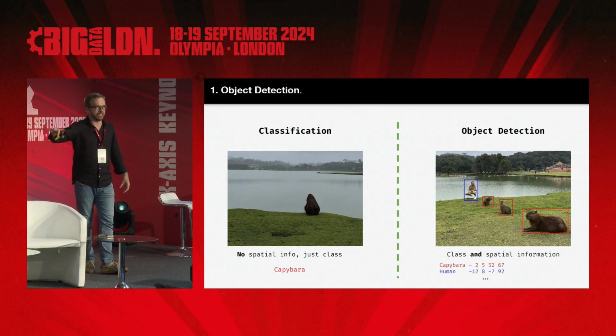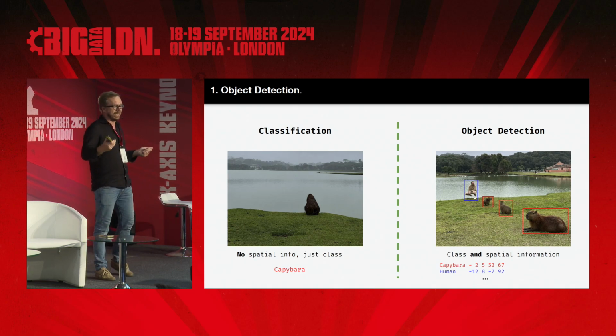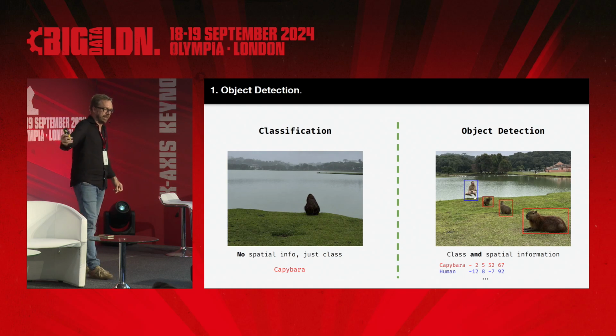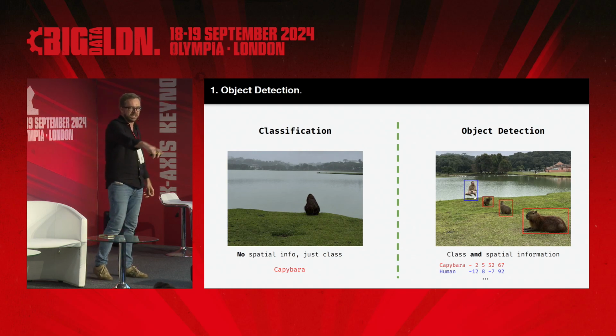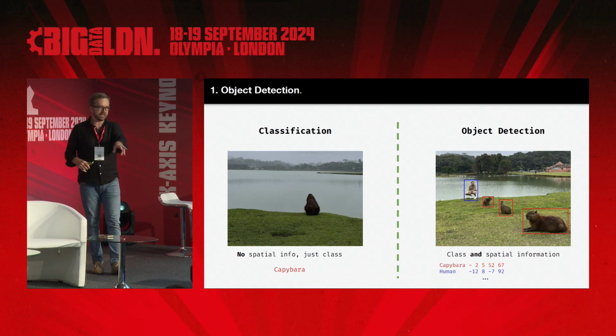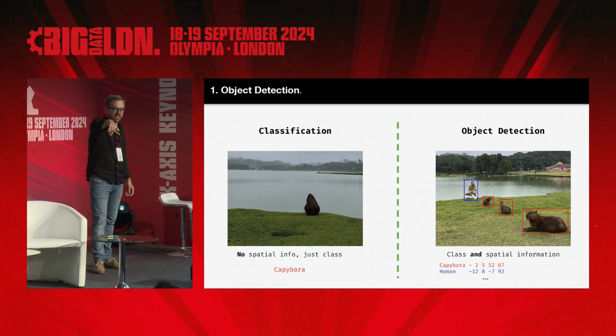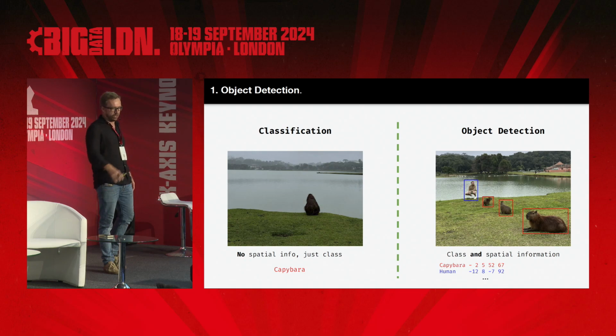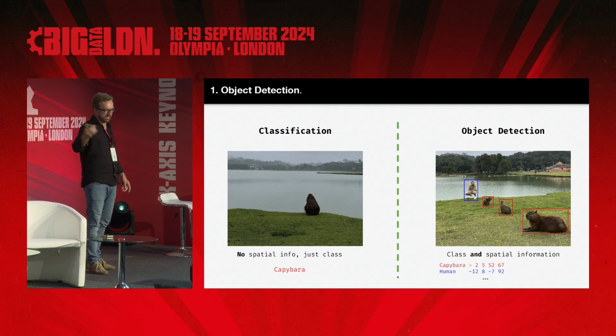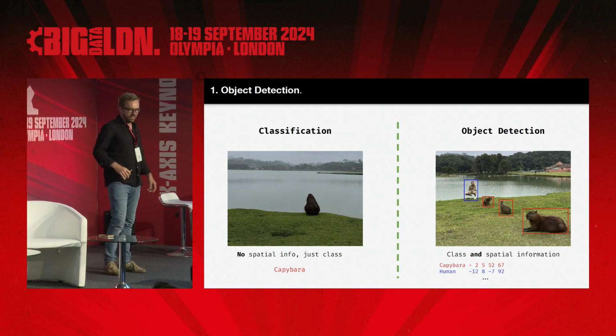Second example, object detection. We not just want to say what is on this image, but we want to localize, want to say where is it exactly. I just put some bounding boxes, and below I just say some class. In this specific example, capybara, 3 of them in Barigui Park in Curitiba in Brazil, or human.